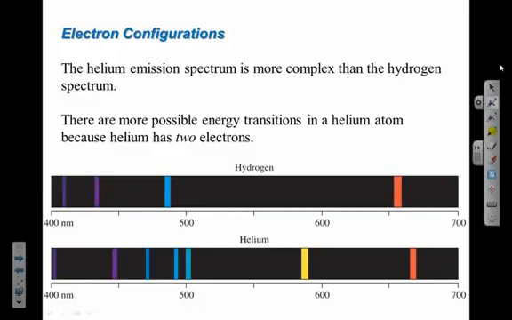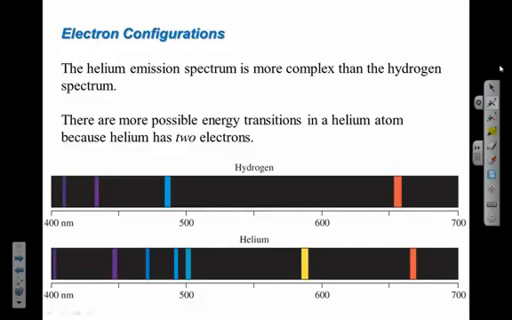So with helium, what we see is there are more combinations. There are more combinations that are in that visible spectrum. And that suggests that the energy levels are more divided. There are sub-levels that are divided in energy, because I can go from, if I'm in the 4th energy level, the 4s to the 2s, or I can go from the 4s maybe to the 2p.